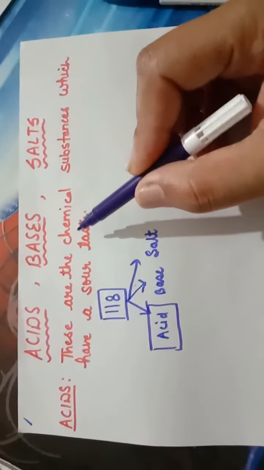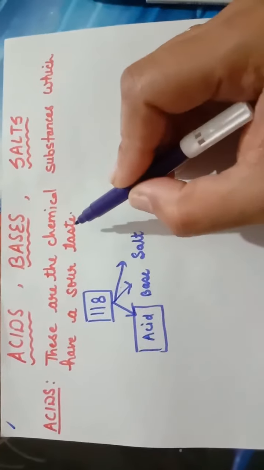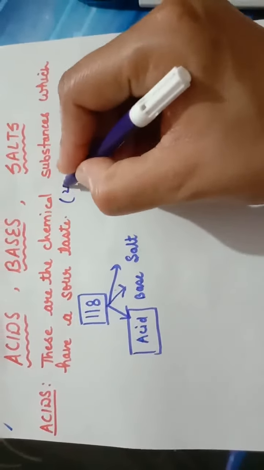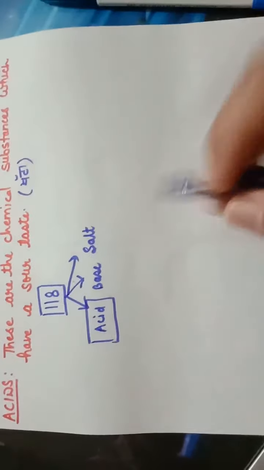Today we will discuss our first topic, that is acid. Acids are chemical substances which have a sour taste. Sour, in Punjabi, is khatta.